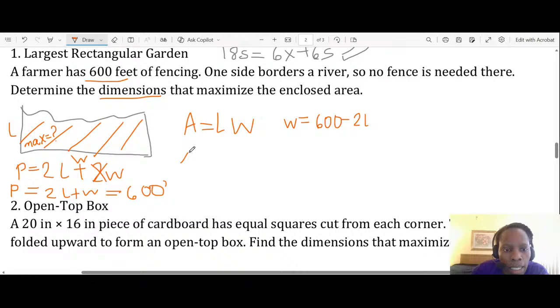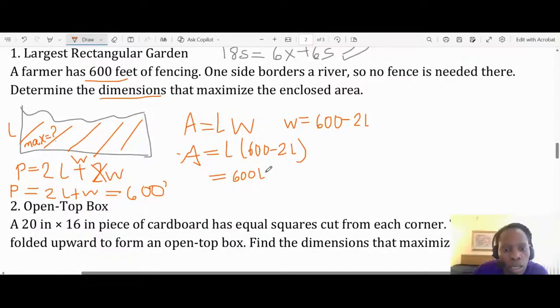So A is equal to L times 600 minus 2L. If we distribute the L, we'll get 600L minus 2L squared.